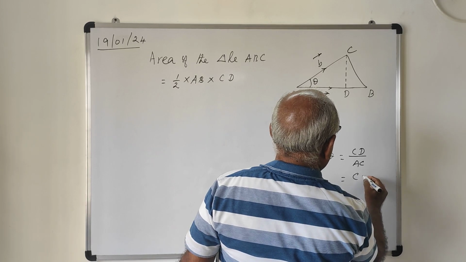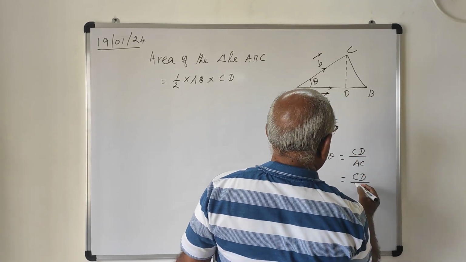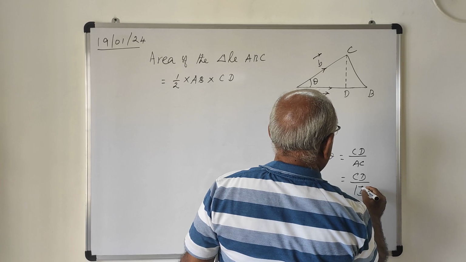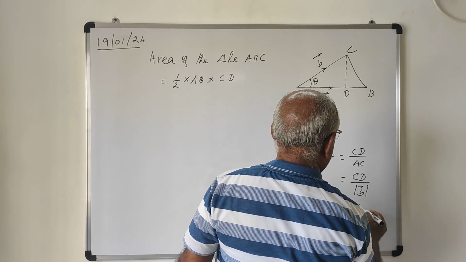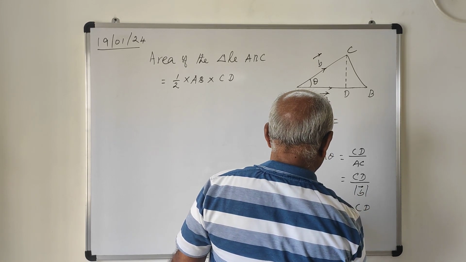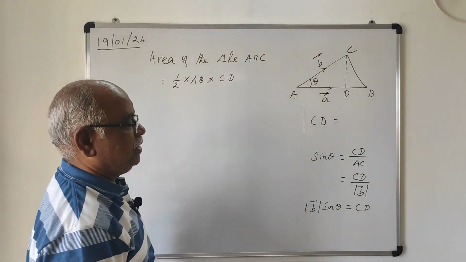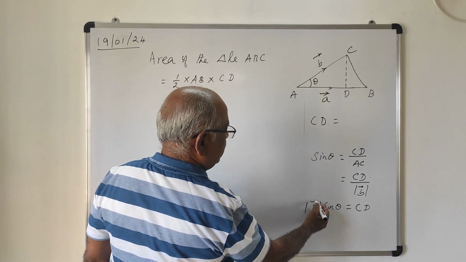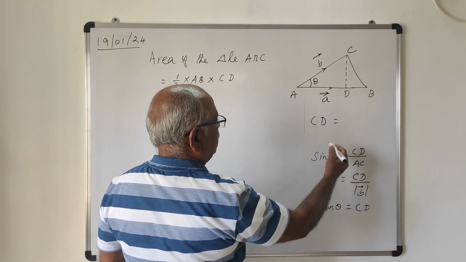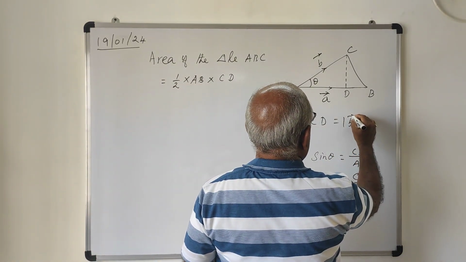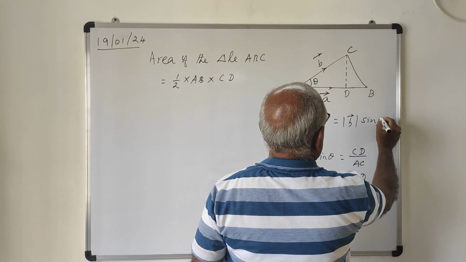AC is nothing but mod of B vector. Therefore, CD is mod B into sin theta, you know. So this is CD, modulus of vector B into sin theta.